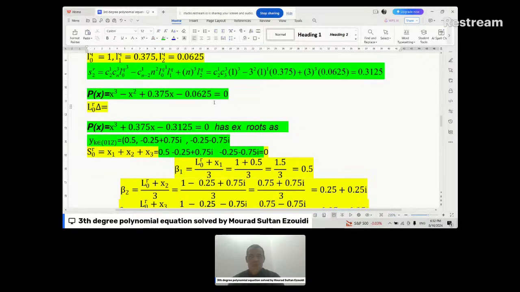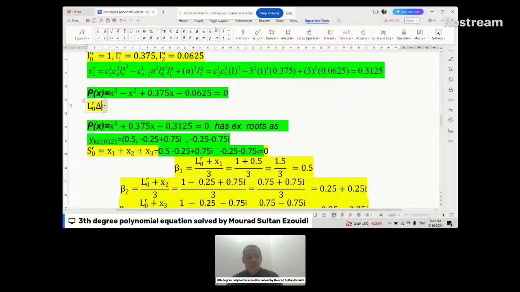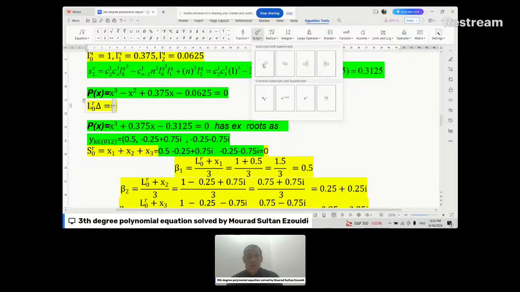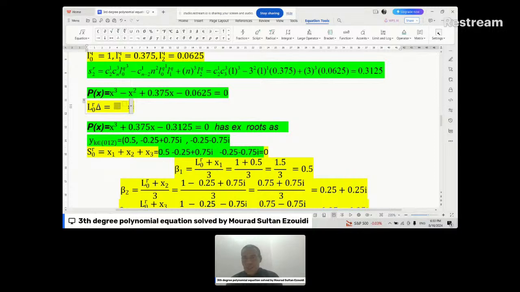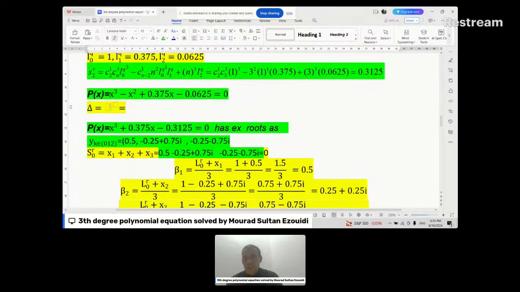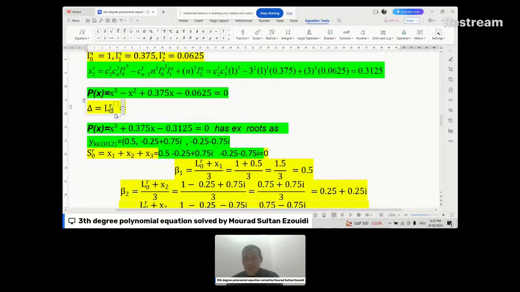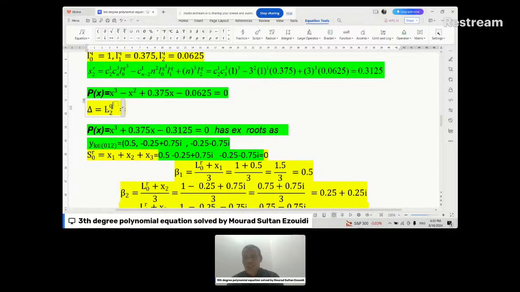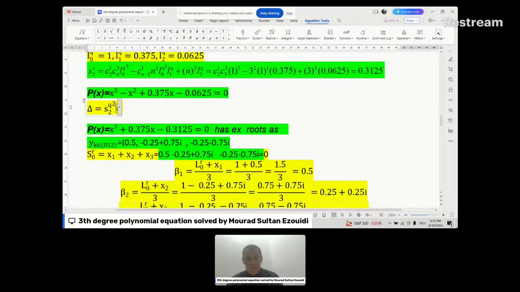Delta is equal to S2 squared, S2 of order Q, of course, minus 4 times negative S1 of order Q divided by 3, all cubed.